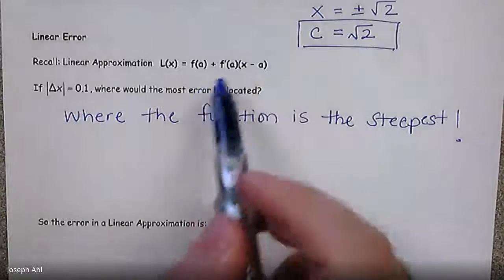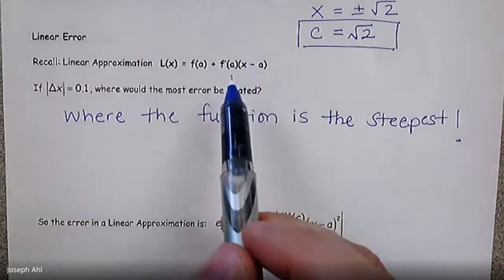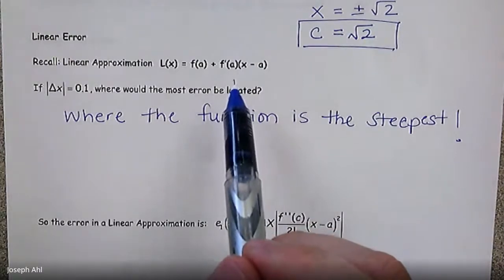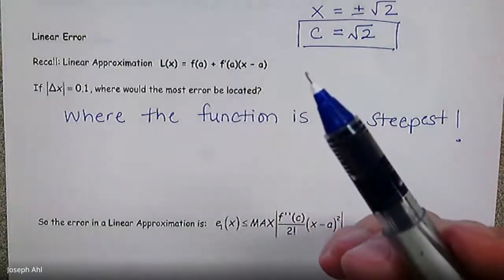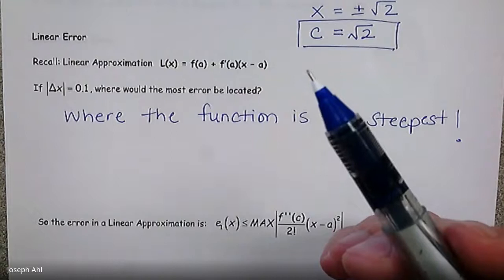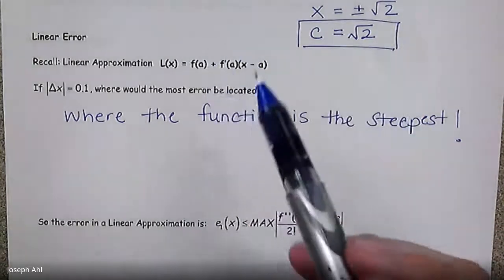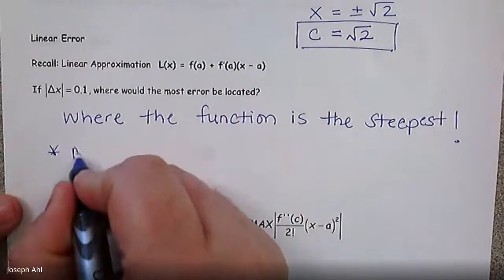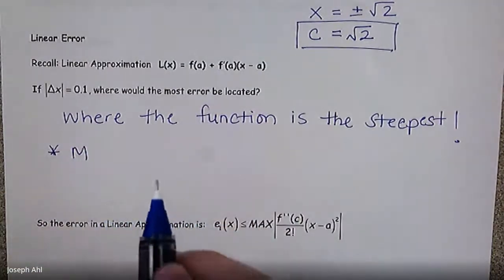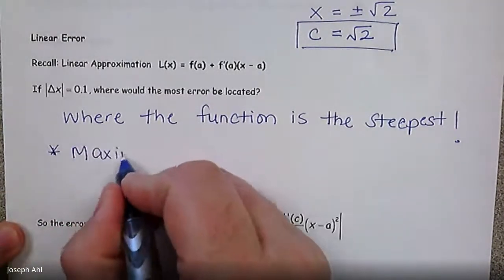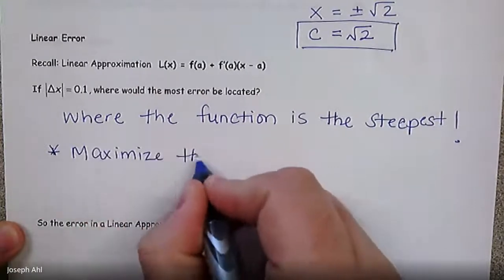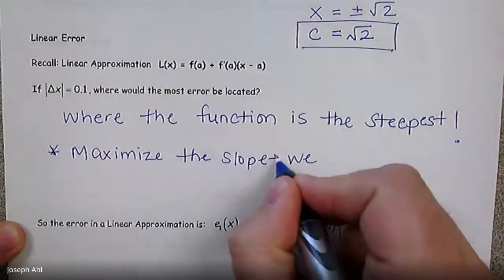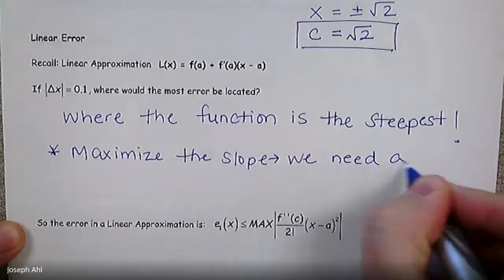And since we're looking at something that already is a derivative, the steepness of the derivative happens to be a concept of the second derivative. Okay, because it's talking about the slope of something that already is a slope. So in order to maximize the slope, we need a second derivative.